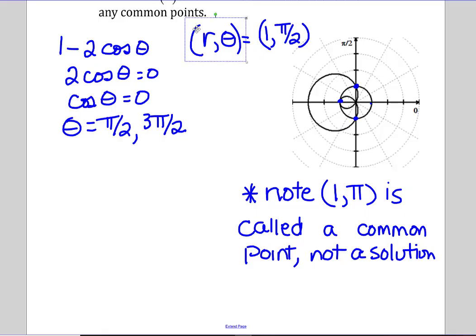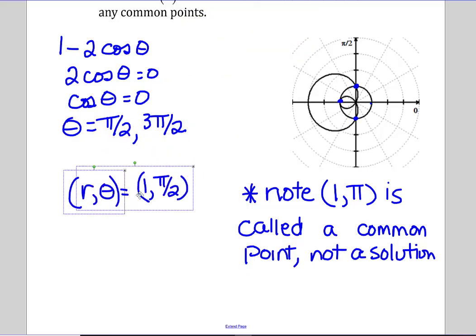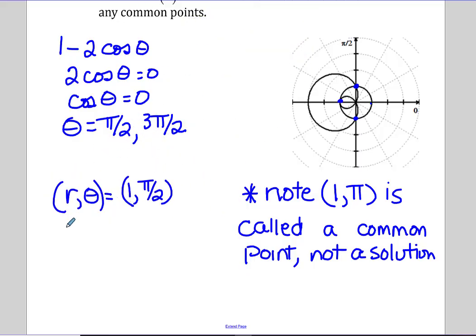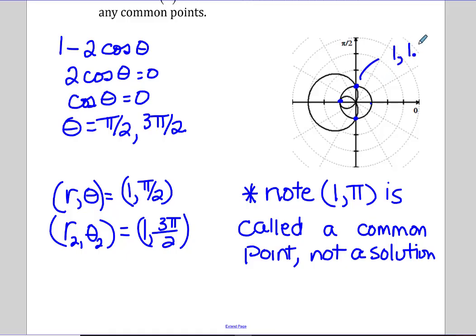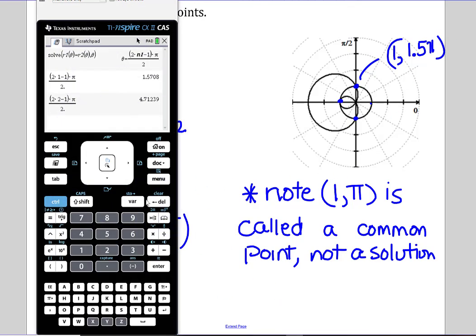So I think I'm just going to write it this way. We can figure out what the decimal is. So the second one would be r2 theta 2, and that would be 1 and 3 pi over 2. So I know that this one is 1.571, and then we need 3 pi over 2 as a decimal.